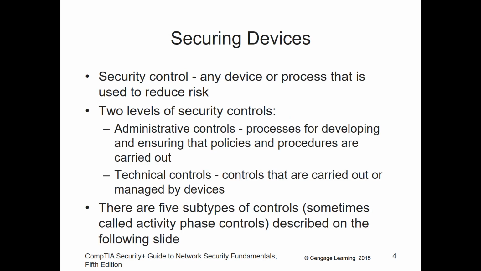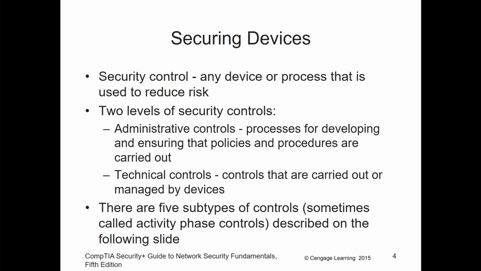Security controls are any device or process that is used to reduce risk. So we have to implement certain security controls. For example, for protecting physical security, we may decide to lock the computer to the desk. That would be a security control. Typically, when we look at security controls, we have two different types, administrative and technical.